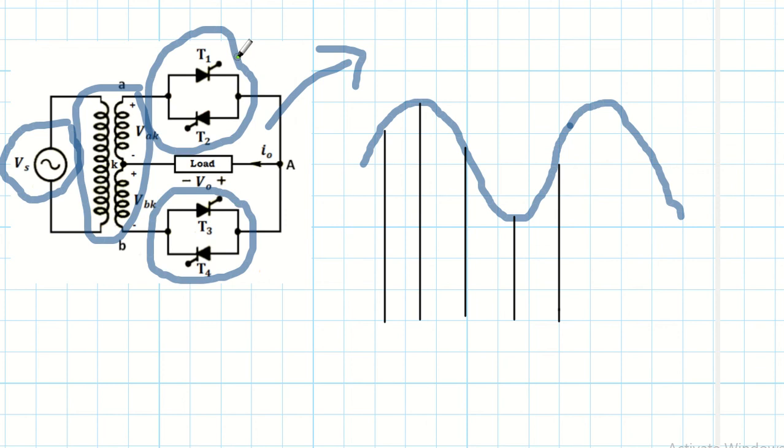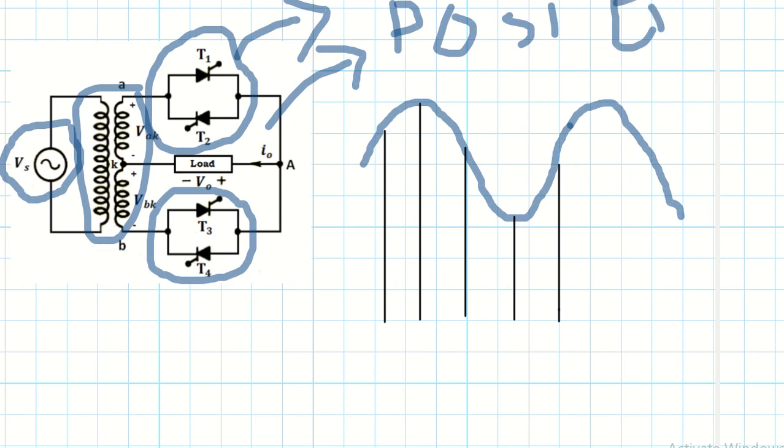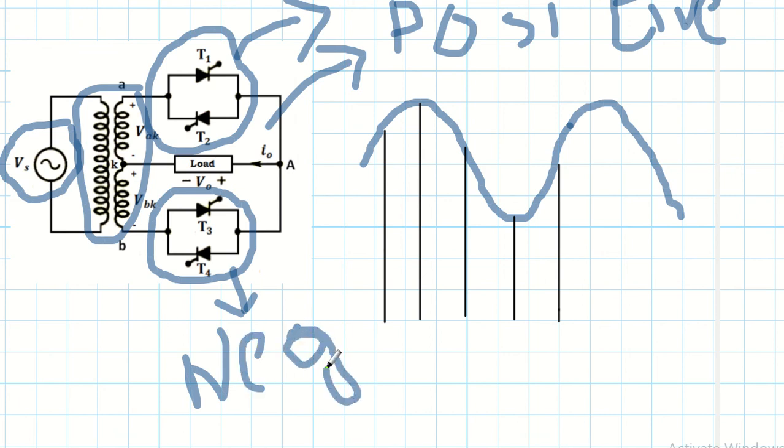The above ones are known as the positive thyristors, and the bottom ones are known as the negative pair of thyristors.